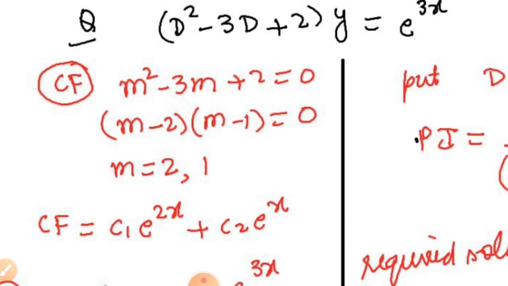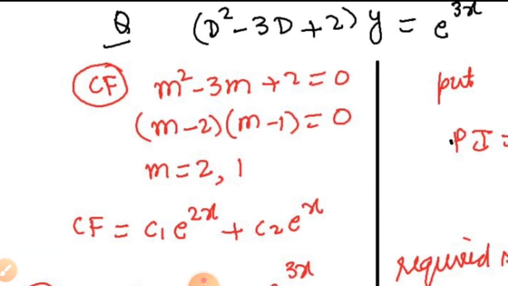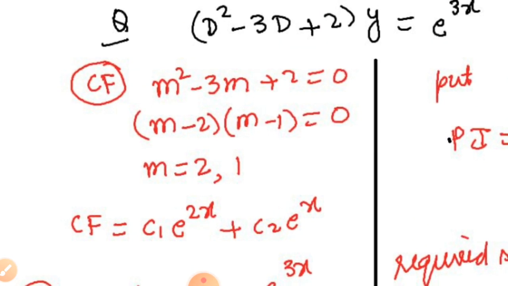We can find the solutions of this quadratic as m equals 2 and 1, and as these roots are real and distinct, our complementary function can be written as c1 e to the power 2x plus c2 e to the power x. We are using two constants, one corresponding to each root of our characteristic equation.